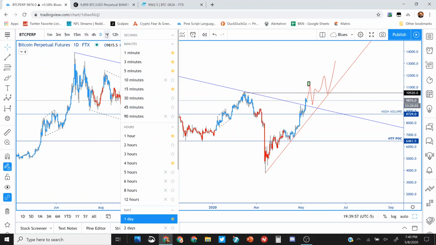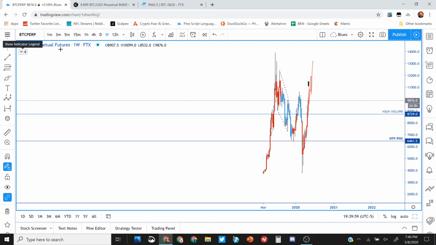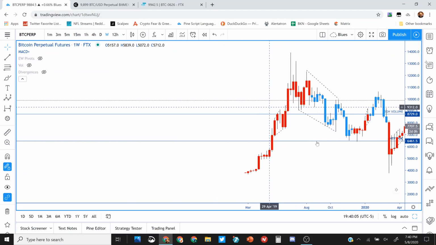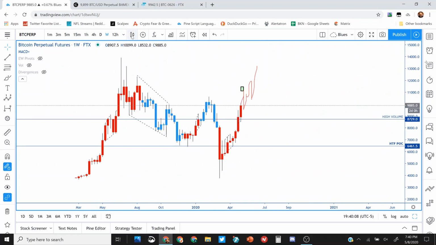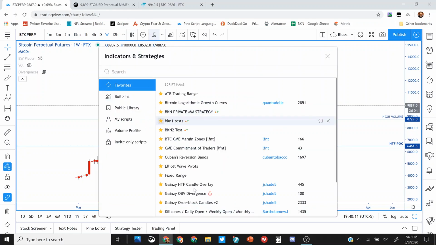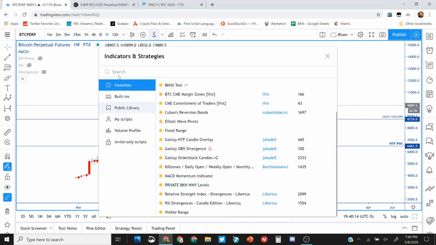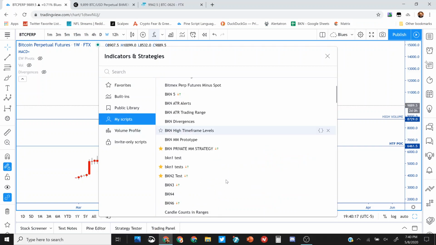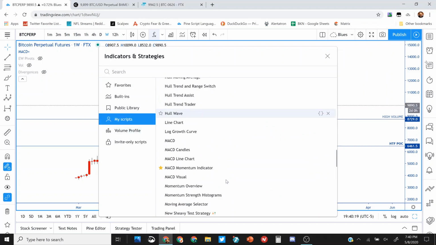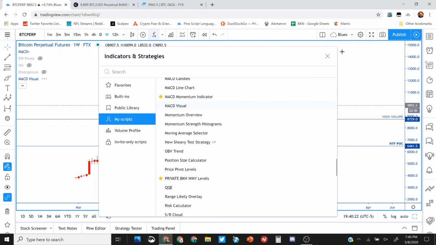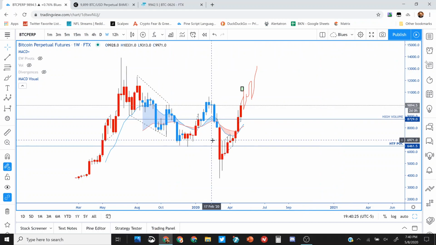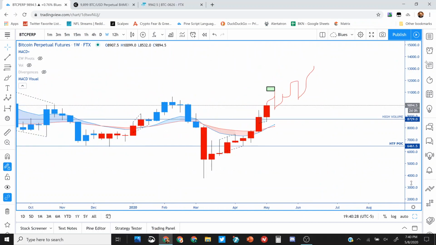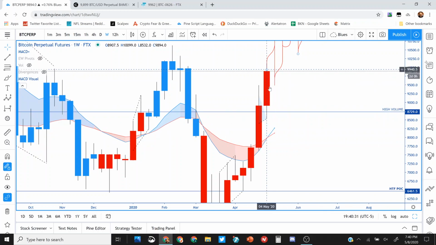Our weekly is due to cross. Let me find my MACD visual. I don't think I have it on here. But our weekly MACD is set to cross very soon. So at current price, the next bar will open positive and strongly positive.